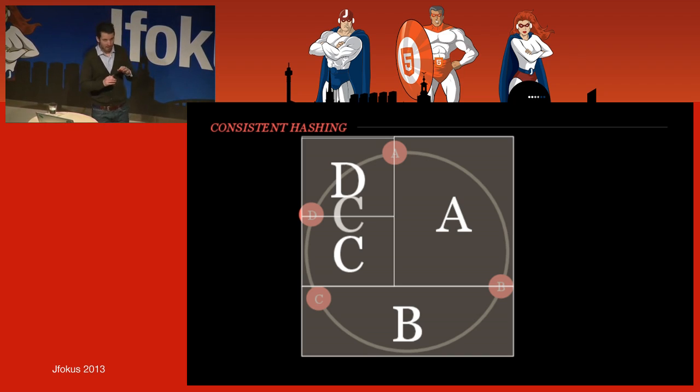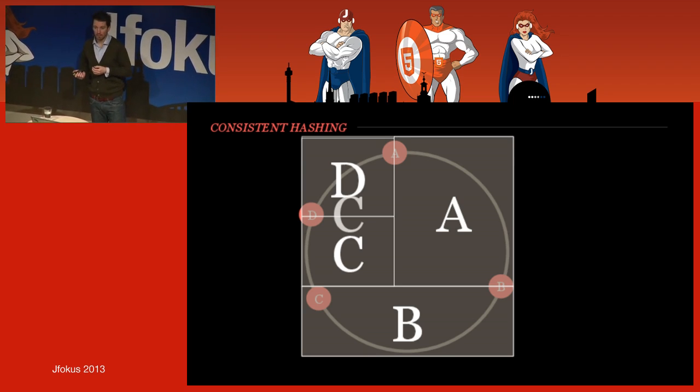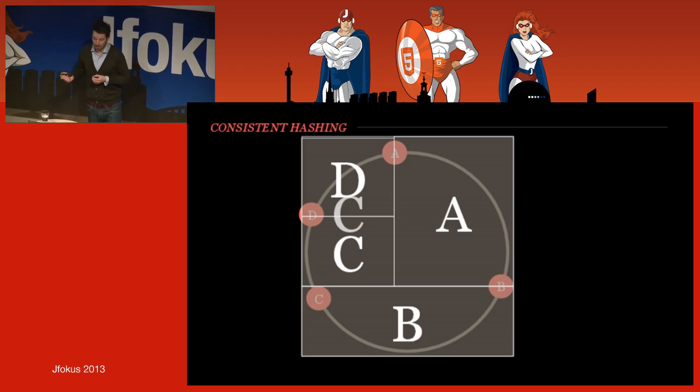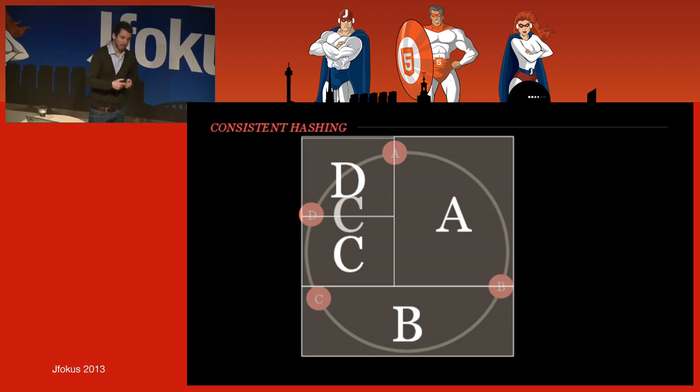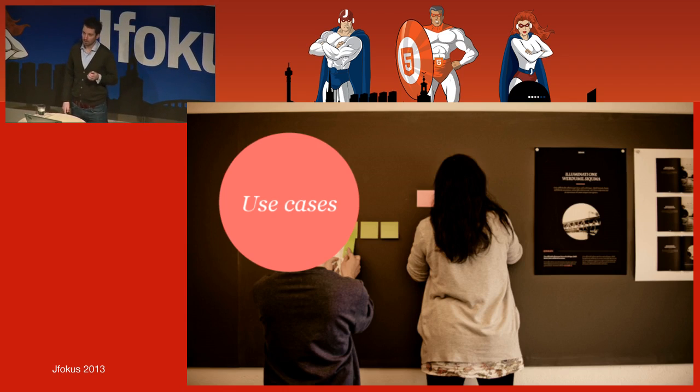Over time, the data will be balanced, either by you rebalancing during the night, or you just take your time and it will balance out. But you don't have to do the balancing right away like you had to do with the previous solution.